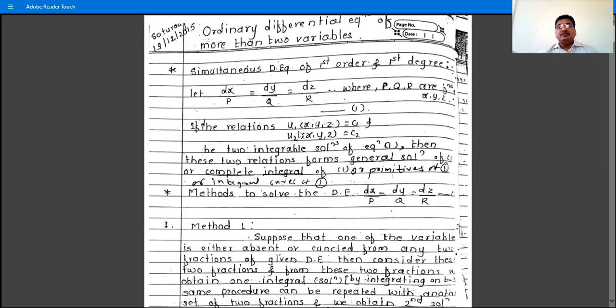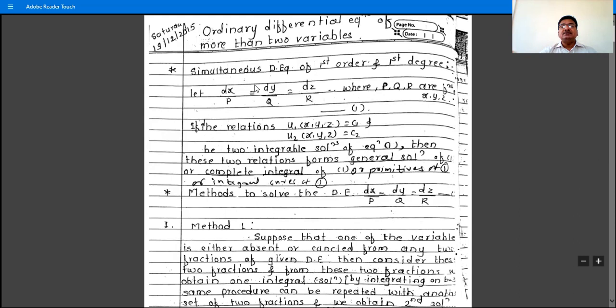That is, we have to find the general solution of this differential equation. For that, find two relations, two functions u1(x,y,z) = c1 and u2(x,y,z) = c2, the two integrable solutions of 1. Together, these two solutions of equation 1 form the general solution of equation 1.